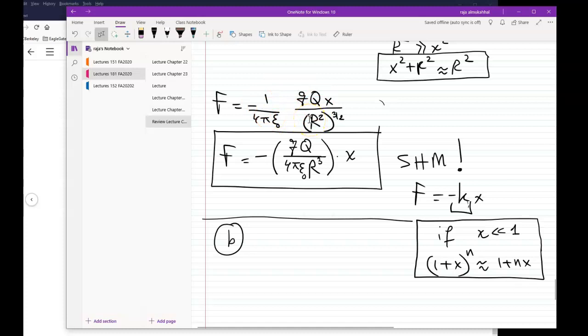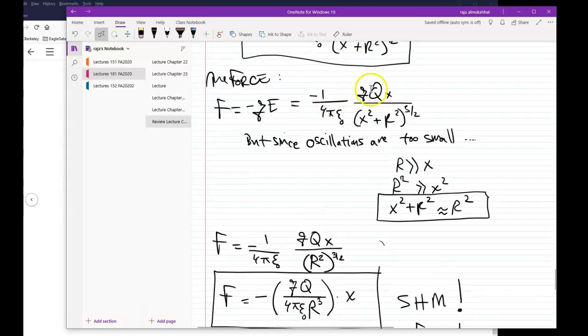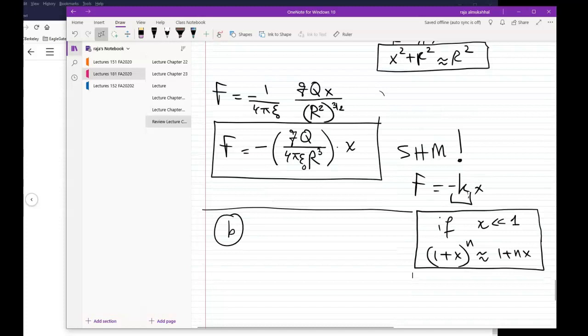In other words, start from right here, or rather just the denominator: X squared plus R squared to the power of 3/2. Here, let me give you a little hint. Start here, X squared plus R squared to the power of negative 3/2. I just moved it to the top; this is the denominator, and I'll put it in the numerator.